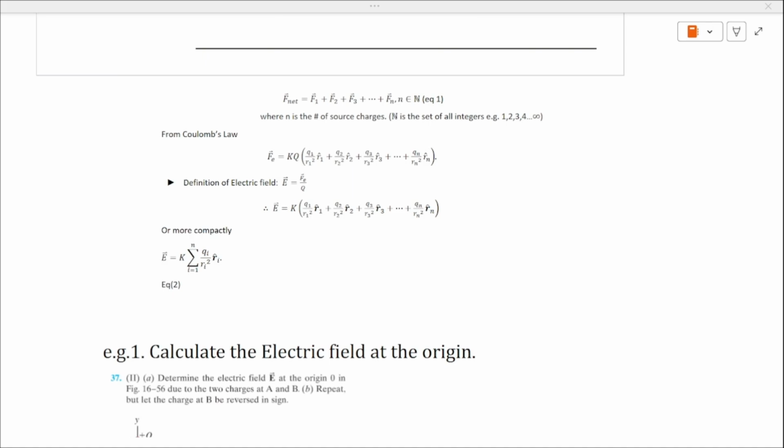And we define the electric field as the electric force on a charge divided by the magnitude of that charge.